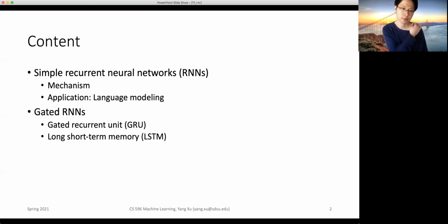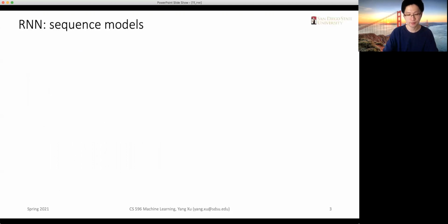And we will look at a particular example of using RNNs for a language modeling task. And then we will look at the gated recurrent units, the RNNs with gated units, with focus on two classical examples, the GRU and the LSTMs. Okay, so that is basically the structure for this chapter.